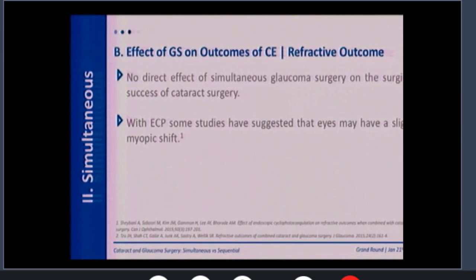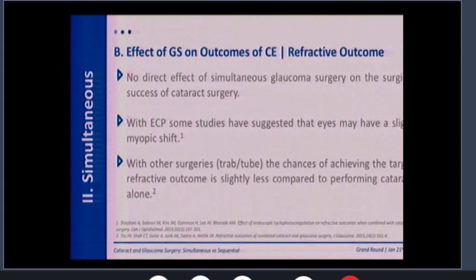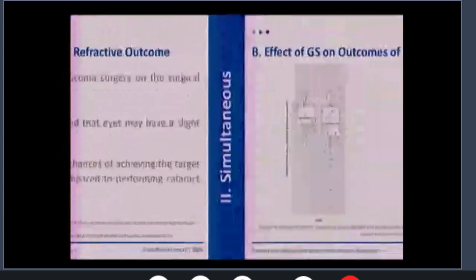There's some evidence, and I'm going to show some figures and tables, that if you do ECP, the effective lens position might change, and you might have a more myopic shift if you do phaco with ECP compared to phaco alone. And with other standard glaucoma procedures, trabeculectomy or tube surgery, the chances of achieving the target refractive outcome are a bit less, and we're going to see the data when you compare it to doing phaco alone.